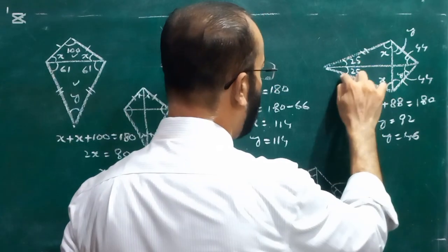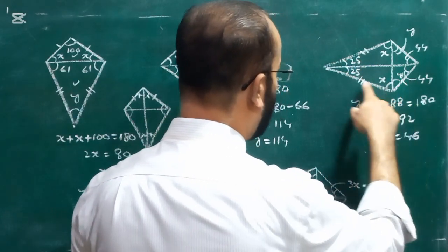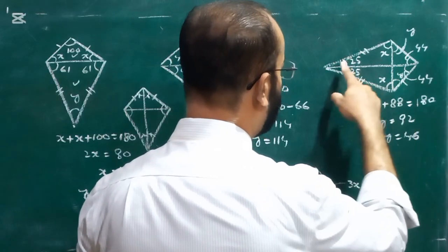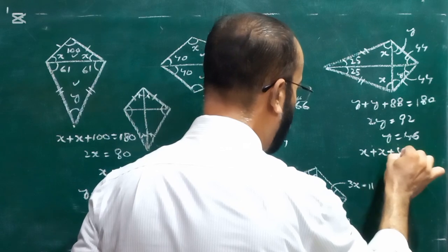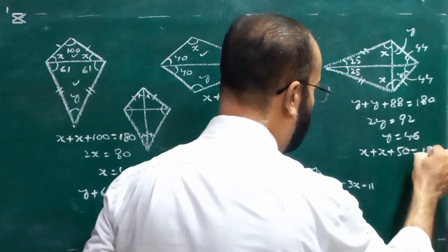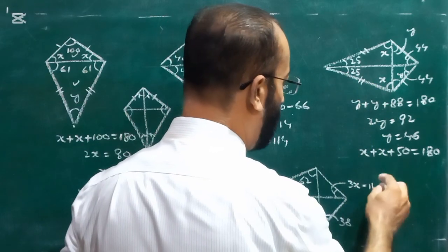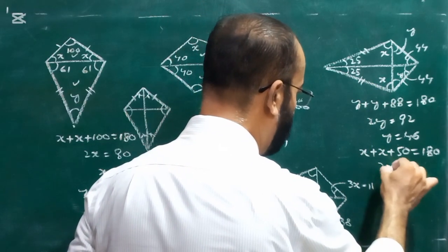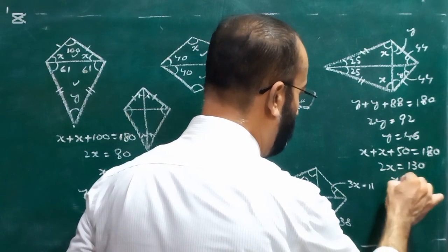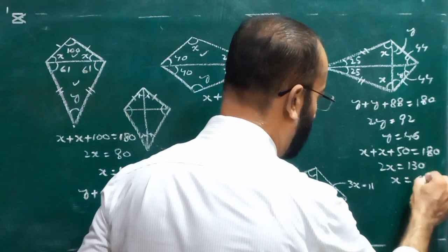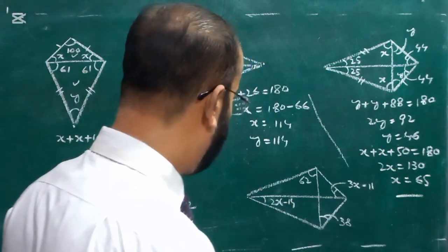So it means this total angle will be 50 degrees. So now in this triangle on which I'm rolling my finger, x plus 50 should be equal to 180 degrees. The property applied is the sum of the angles of a triangle is 180 degrees. From here, 2x will be equal to 130 and x will be equal to 65. So this figure is also done.